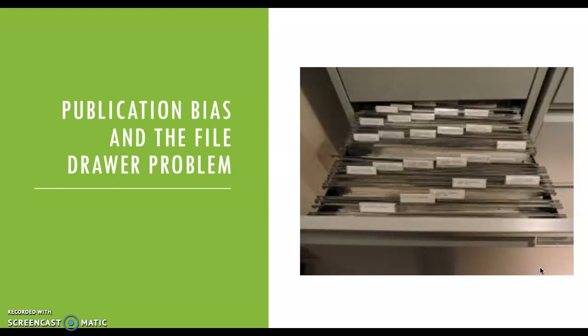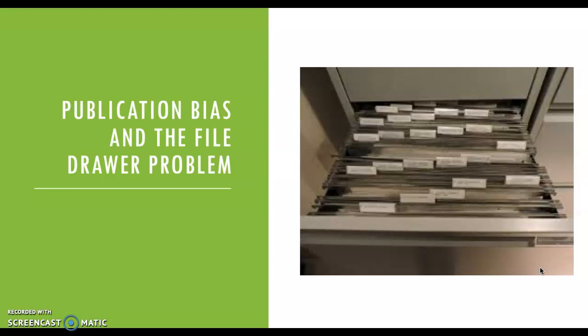Publication bias is a problematic from a purely logical standpoint. If a research question is worth asking, then the answer should be worth knowing, regardless of what it turns out to be. But publication bias also leads to the file drawer problem.